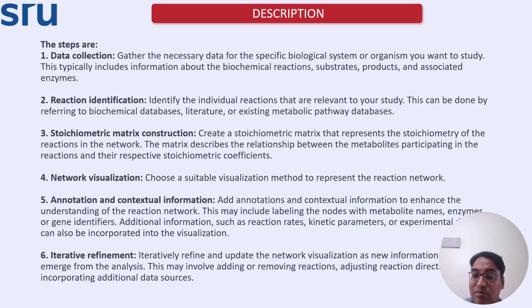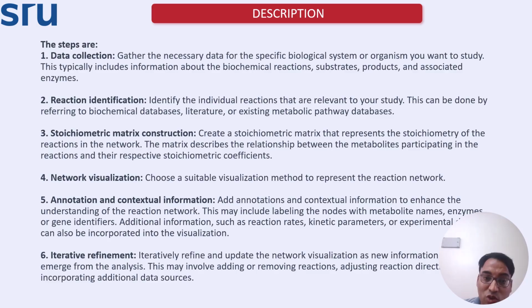The balanced reaction means 6CO2 plus 6H2O gives C6H12O6, so 6, 6, 1. Just like that, you can make it as a matrix. So how much is required to drive further? Network visualization. You can use the visualization strategy to see the network. Why it is important, I'll be showing soon.